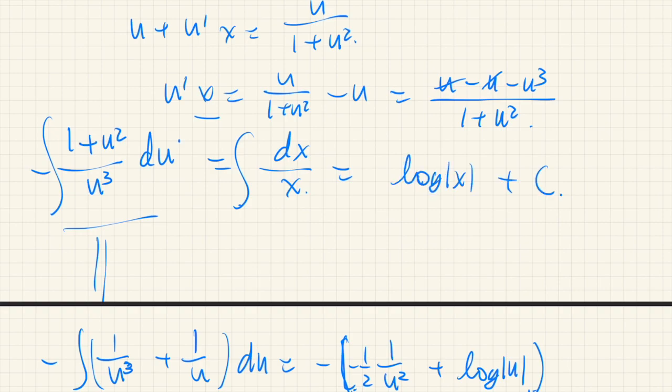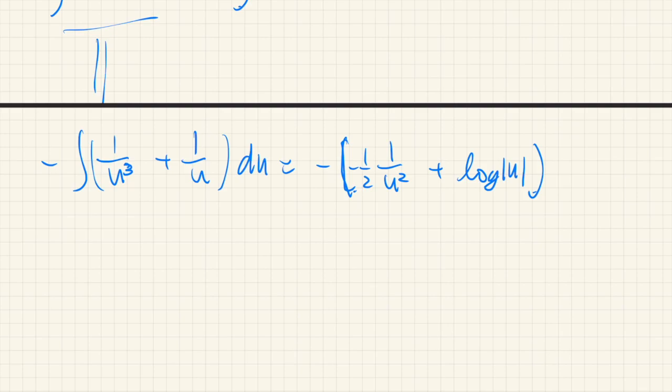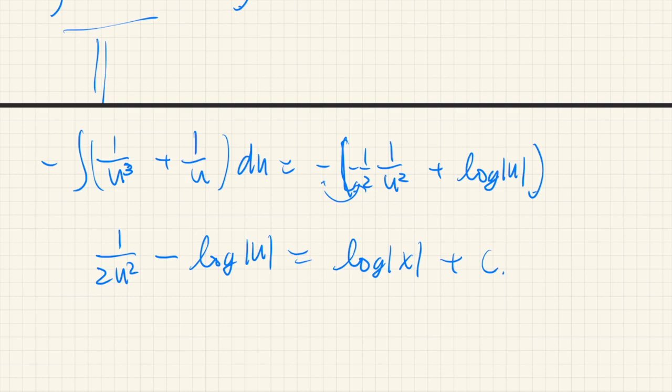Let's put a constant here. So after all, let's put this minus sign inside, and we have 1 over 2u squared minus log u is equal to log of x plus a constant.